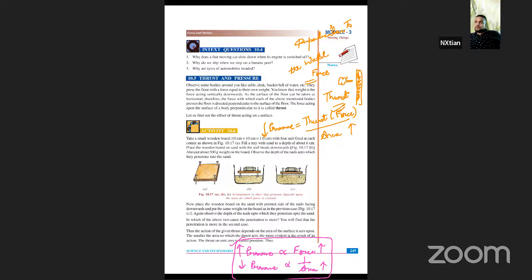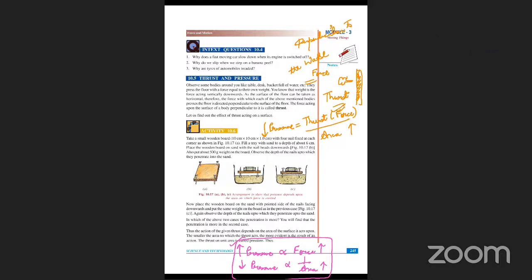Now, who has a school bag? You have a school bag. Okay. If I give you one example, can you see this school bag? This strap is very big. If instead of this I use a thin strap, then what will happen?